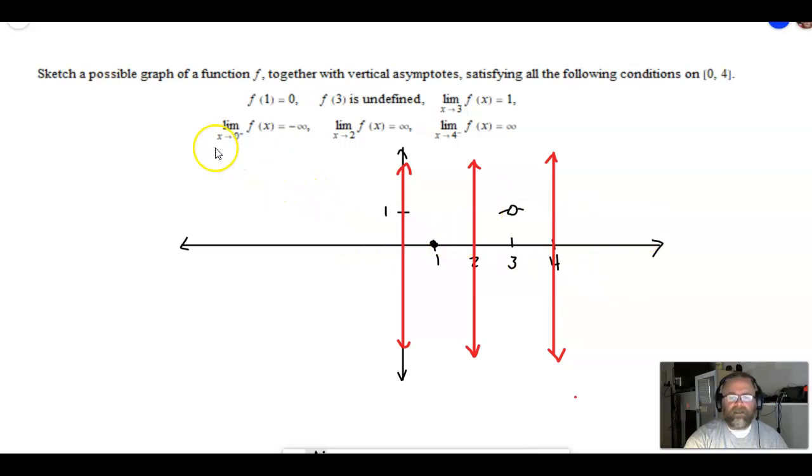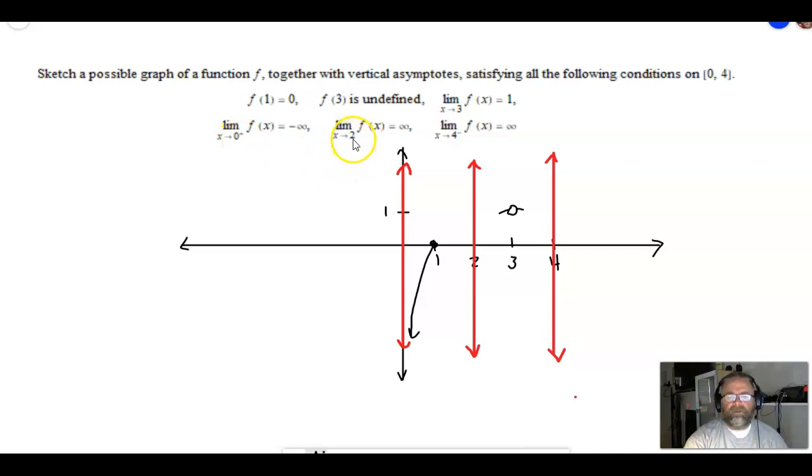Now let's take a look at how I'm approaching. So this is all where the function is defined. The last thing we need to look at is which way we're approaching. So from the right, I'm approaching negative infinity. So I can just show that this is going towards negative infinity. This is from the right of 0.